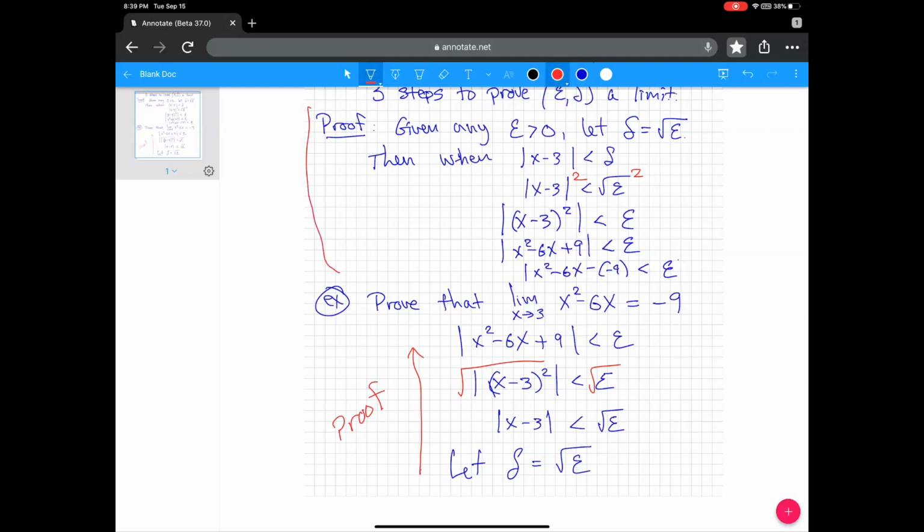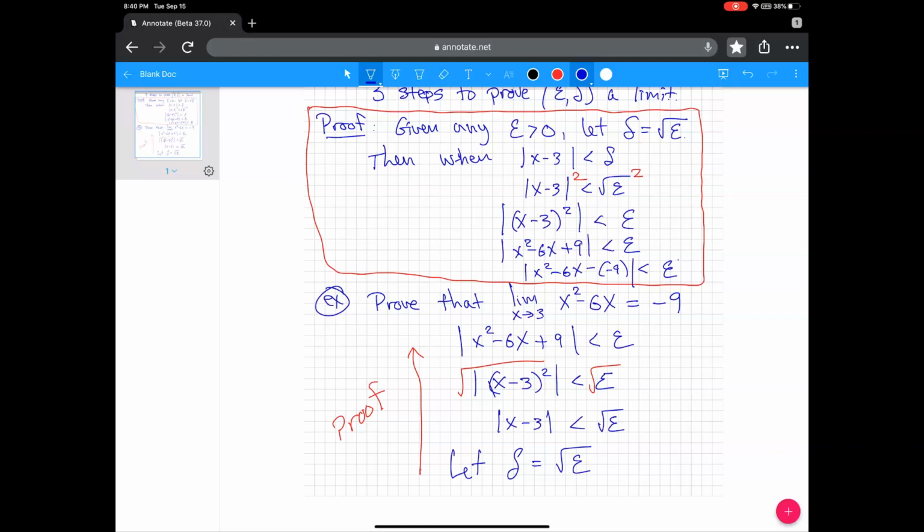So the proof is really just this part right here. Because what we had to do, as we wrote in part 1, is you have to show that given any epsilon, there exists a delta, such that when absolute value of x minus 3 is less than delta, then the absolute value of x squared minus 6x minus 9, I forgot one more absolute value there, is less than epsilon.